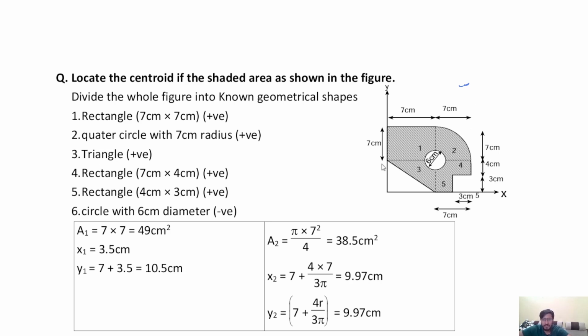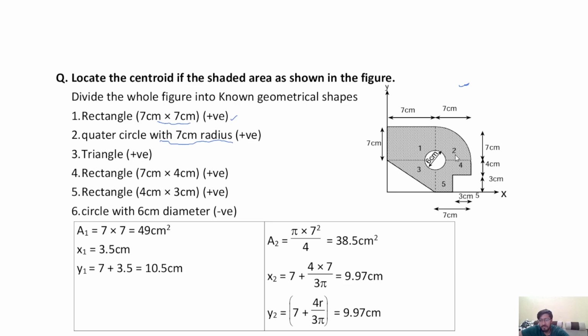So first, divide the whole figure into known geometrical shapes. That means one is a rectangle, the dimension of this rectangle is 7 by 7, and number 2 is a quarter circle with 7 centimeter radius, which is positive.